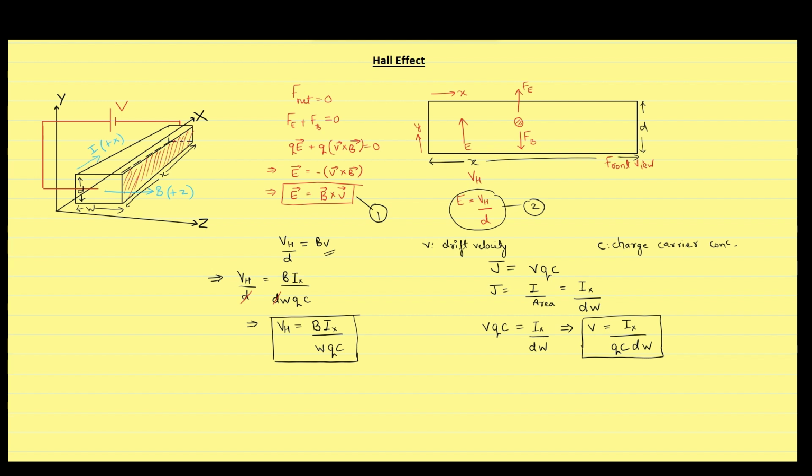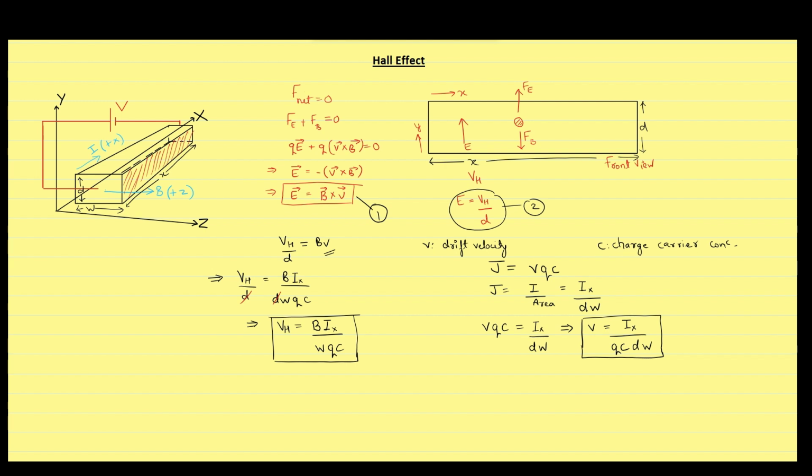One way is to simply analyze yourself as I have described earlier, or the other way is that you have to strictly follow the directions in the derivation. The parameters which are different for p-type and n-type semiconductor are the direction of the induced electric field and the velocity of the charge carriers.